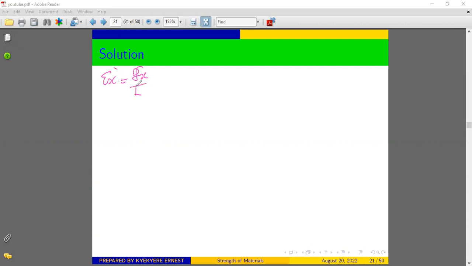We know the original length, but we have not been given the strain. Therefore, we cannot get the deformation, so we need to get a way of determining the strain. And the strain is related to the stress by this, up to the proportional limit.